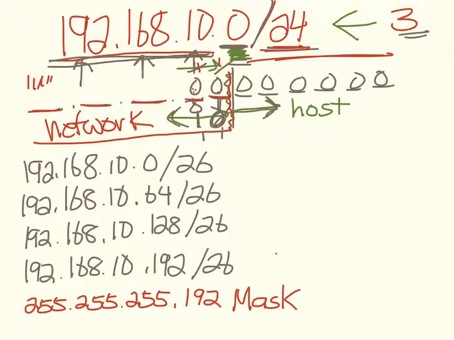If I were going to write out which hosts we could use, I'm not going to write them all out. 192.168.10 dot, the first one would be 1, and that would go to 192.168.10.62.